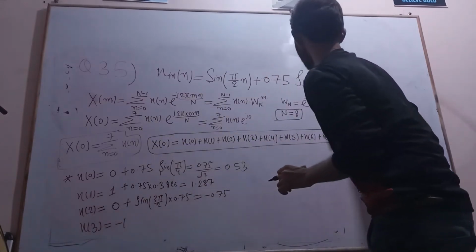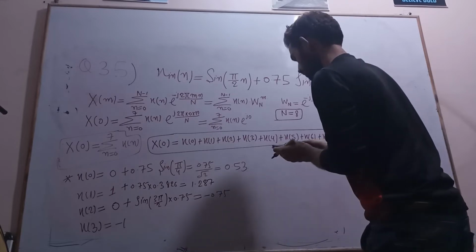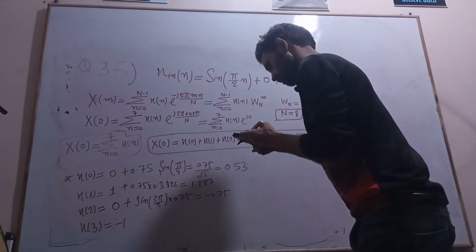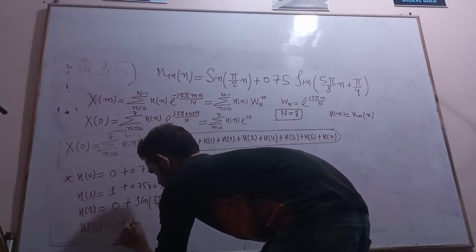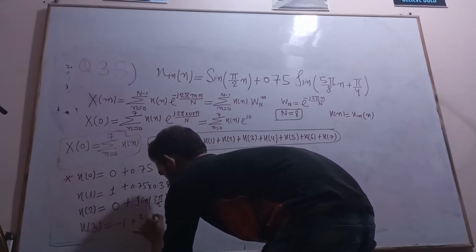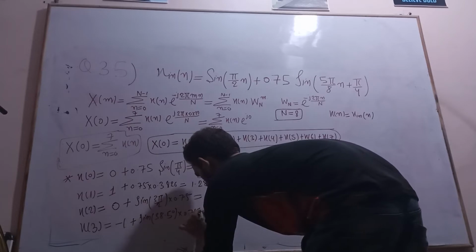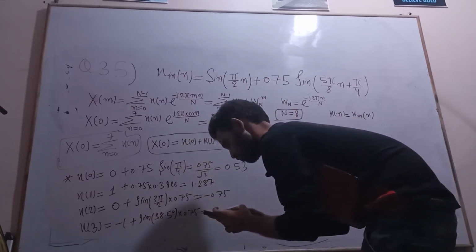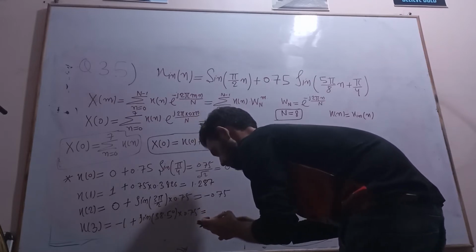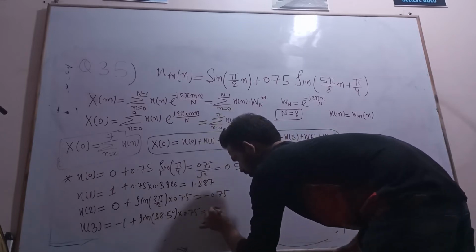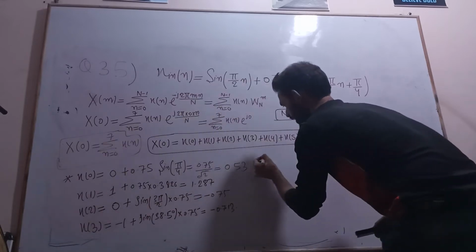Then put n equal to 3: 15 plus 2 is 17, so this is 17 into 180 divided by 8, which is 382.5 degrees. So sine 382.5 degrees into 0.75 gives minus 0.713.